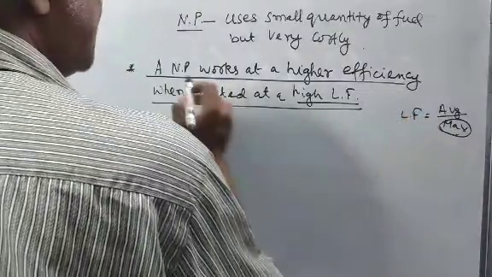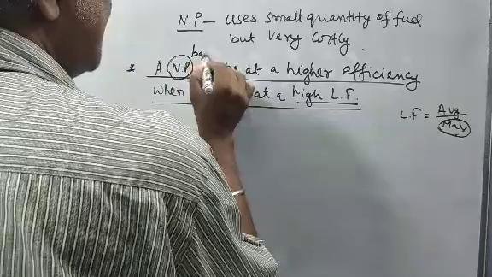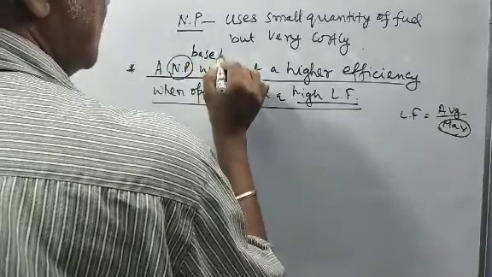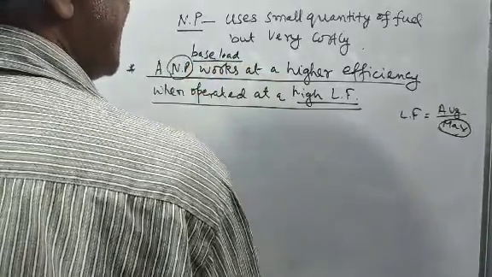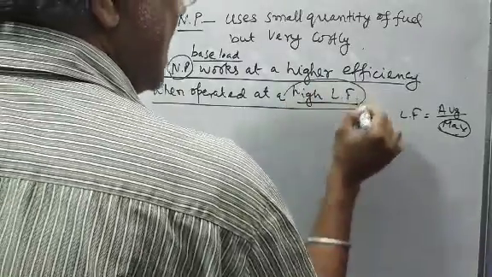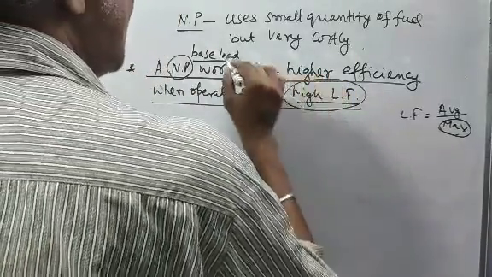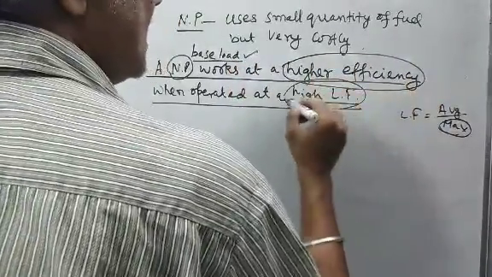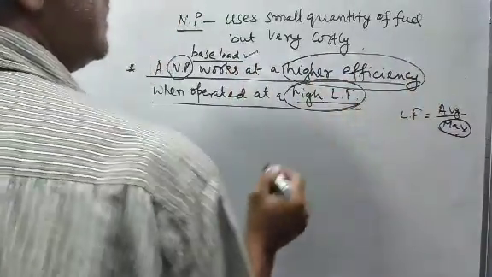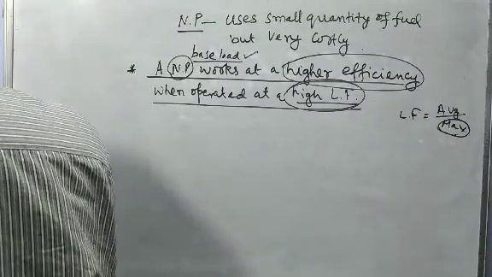So a nuclear power plant can always be operated as a base load. If it is operated as a base load, it has a high load factor. So nuclear power plant operating at a base load has a higher efficiency and a higher load factor. So this point you can remember.